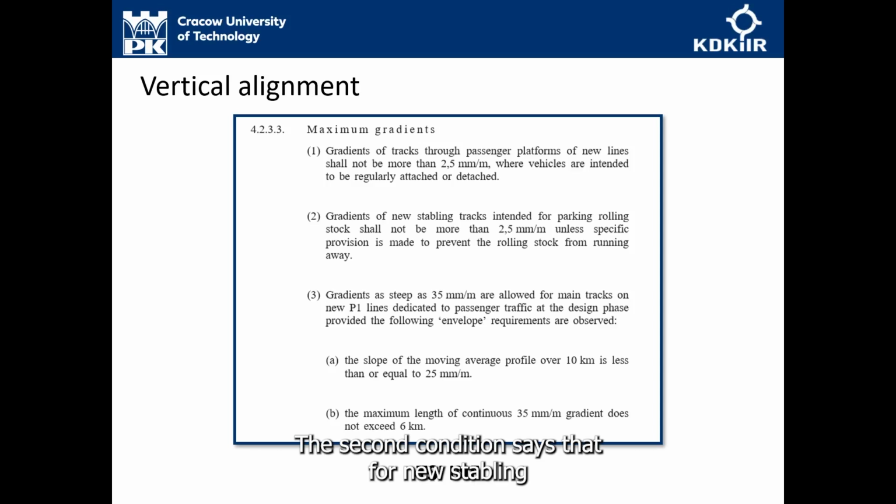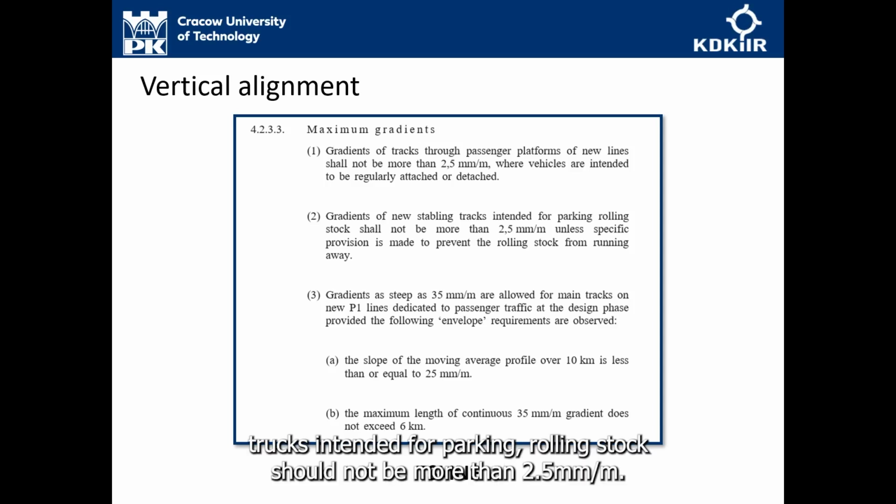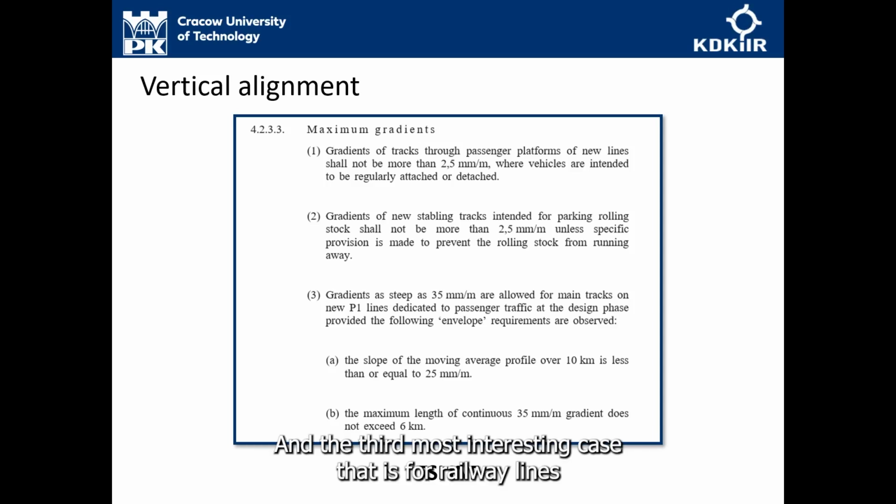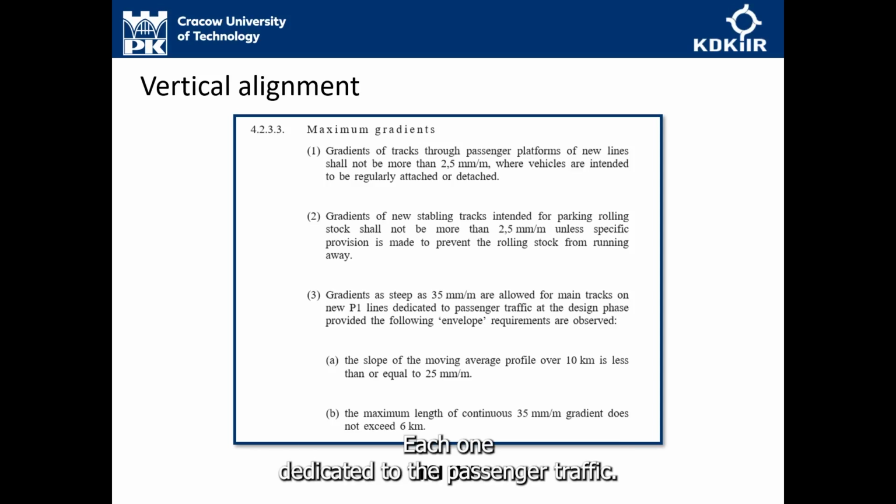The second condition says that for new stabling tracks intended for parking rolling stock, it should not be more than 2.5 millimeters per meter. And the third, most interesting case, is for railway lines of new category P1, dedicated to passenger traffic: the maximum gradient value should not be greater than 35 millimeters per meter.